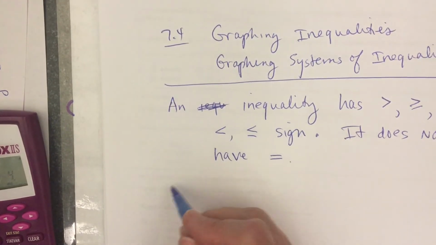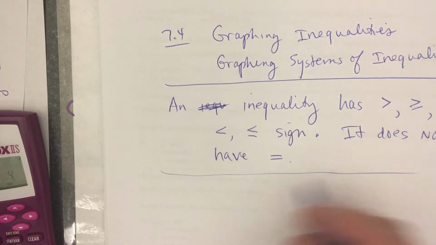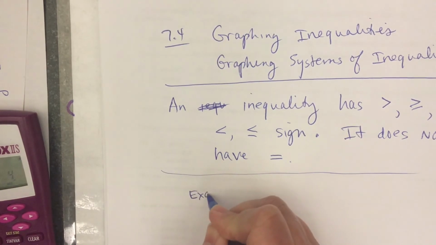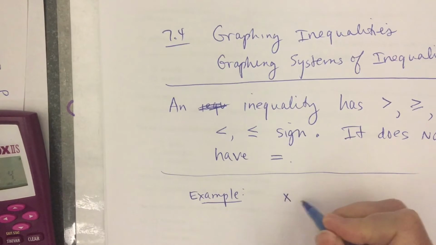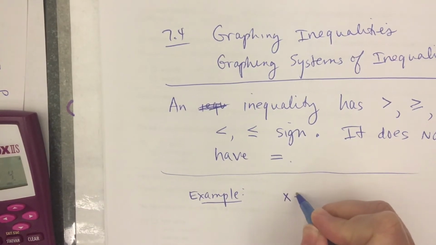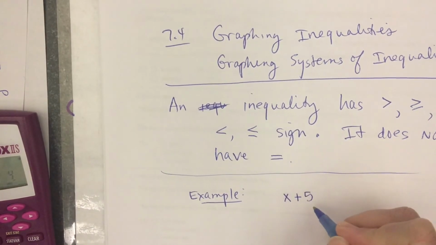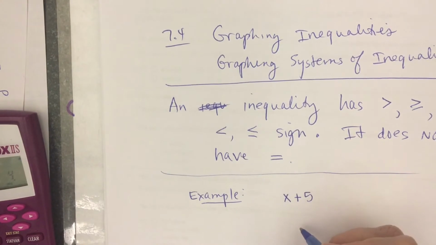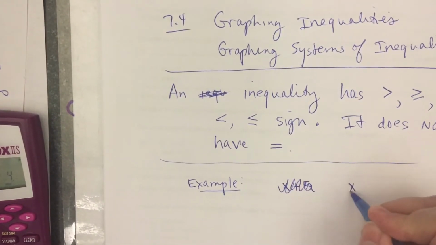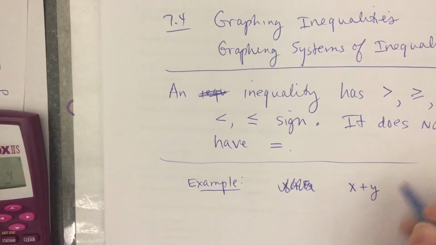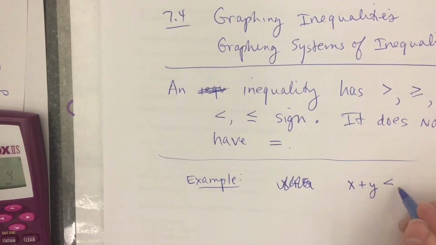In 7.4, we're graphing problems like this. Graph x plus 5. That's not what I wanted to write. Let's scratch that out. Graph x plus y is less than or equal to 5.